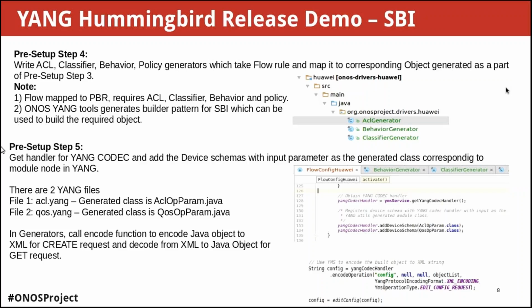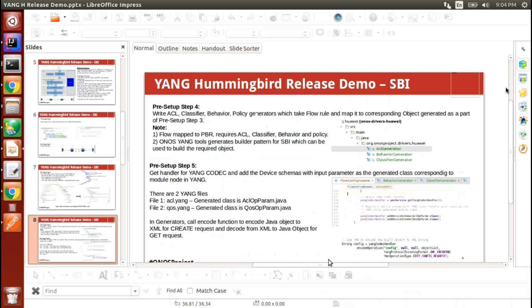And as a pre-step 5, the driver needs to get the Yang codec handler and add its device schemas to the YMS, and once it has added its device schema to YMS, it can then call the encode decode functionalities of YMS. So let me show you this piece.